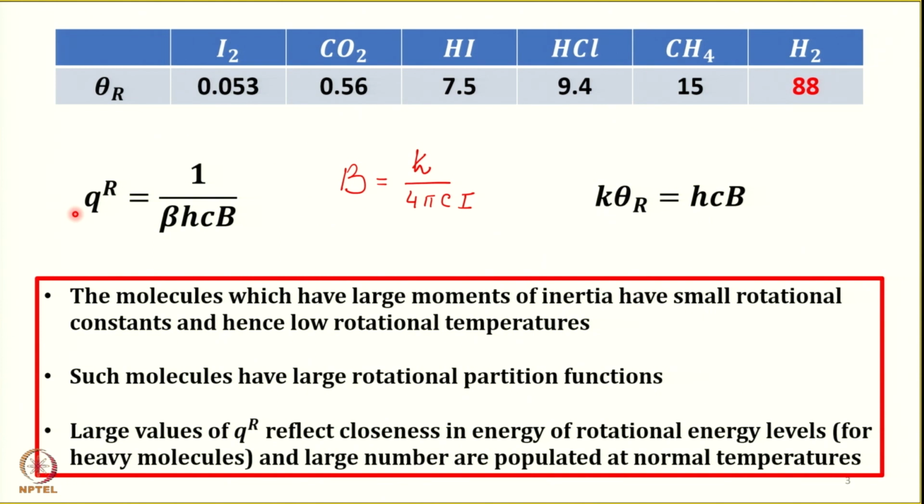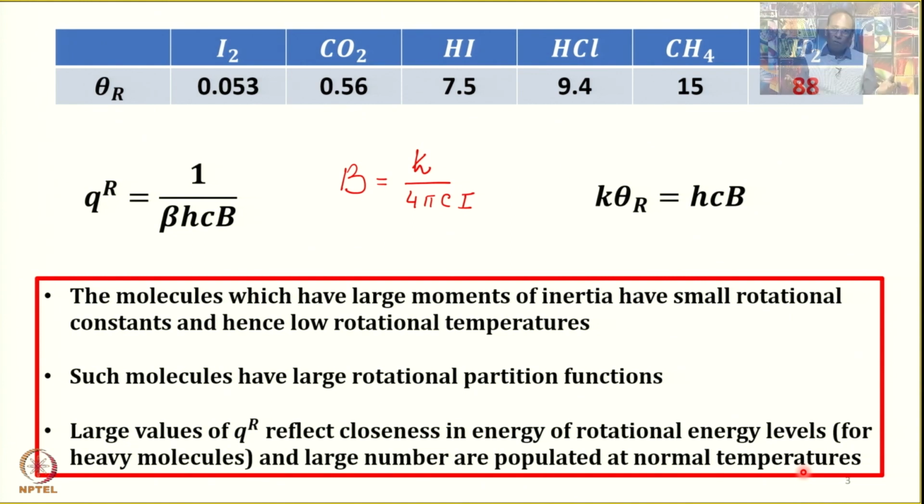We go back to our discussion of what is the literal physical meaning of partition function. Partition function is a measure of how many thermally accessible states the molecule can exhibit. So large values of QR reflect closeness in energy levels of rotation for heavy molecules, and a large number are populated at normal temperatures.